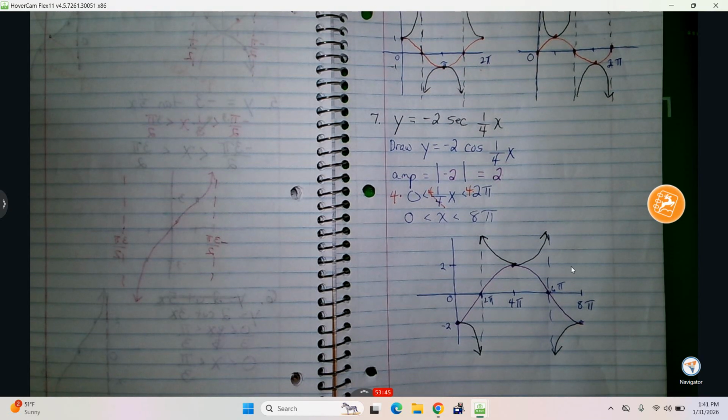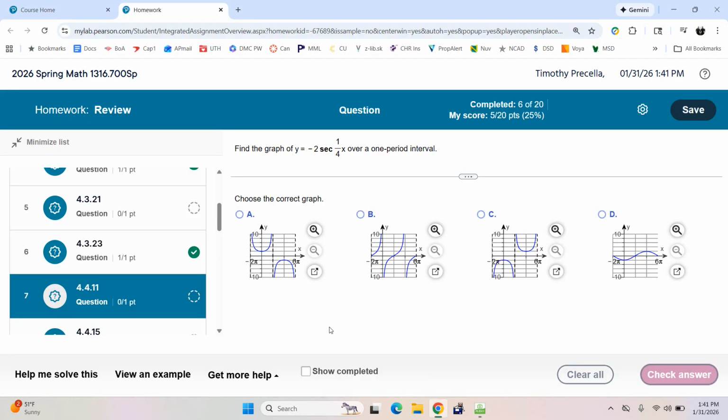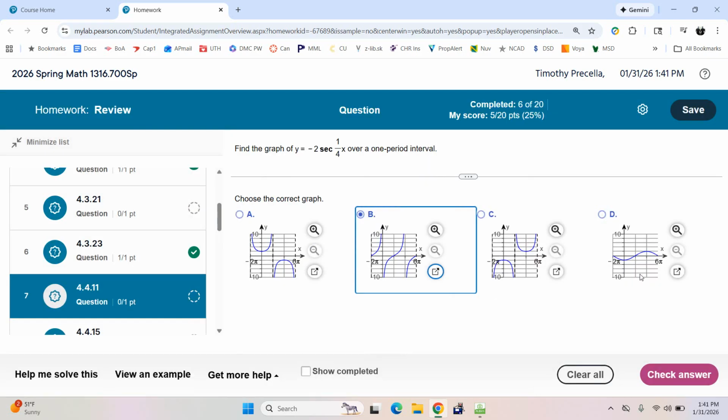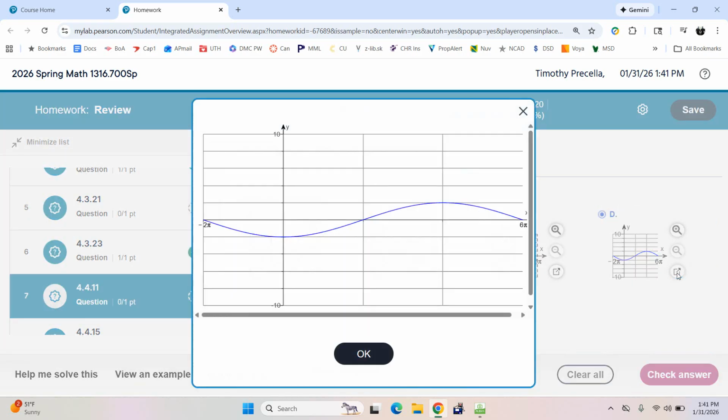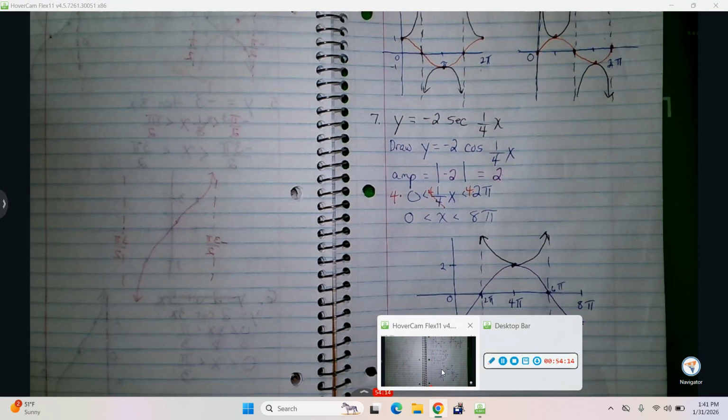So let's look at the answer choices. We can definitely say it's not B, and it's not D. So, let's see. How about looking between 2 pi and 6 pi? Look at my graph.